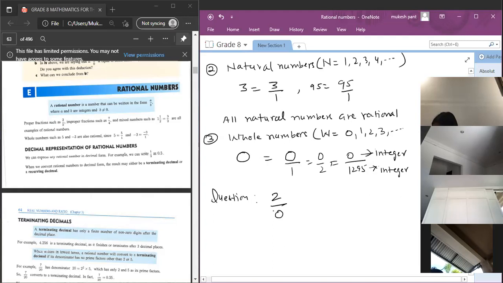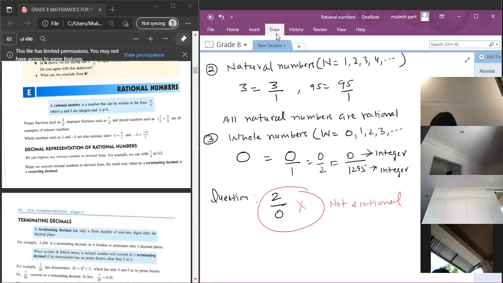The answer is uncertain, right? So it is not a rational number.